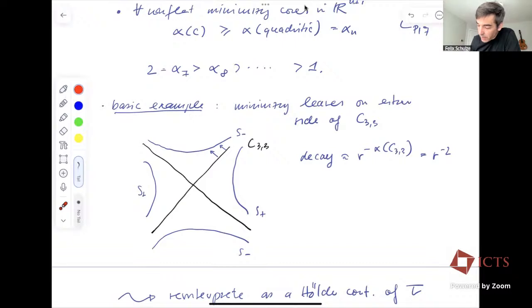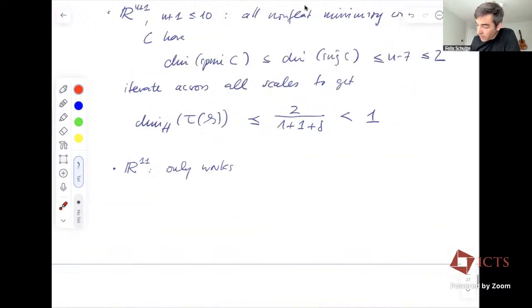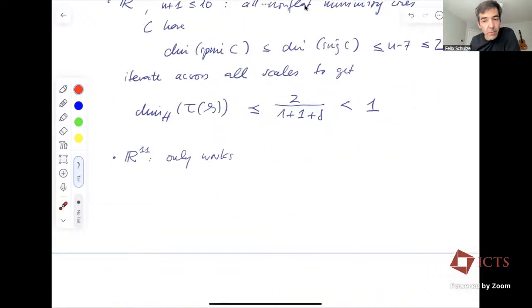Then the cone that you split off is R^3 cross an area minimizing cone in R^8. So you have a 2 here. So you would get here 3 divided by 3, which is exactly 1. So it's borderline. So R^11 is exactly borderline.